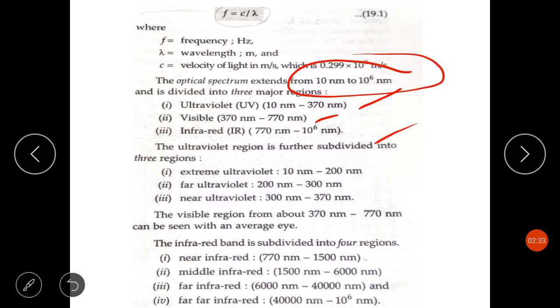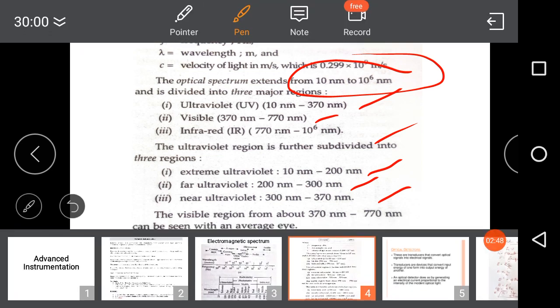Now in this optical spectrum we have the ultraviolet region. This ultraviolet region is further divided into extreme ultraviolet, far ultraviolet and near ultraviolet. The wavelength ranges of these regions are also provided here.